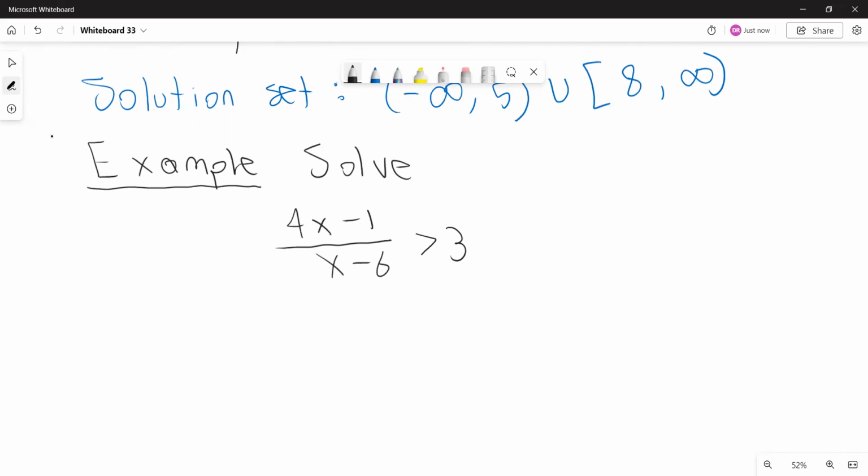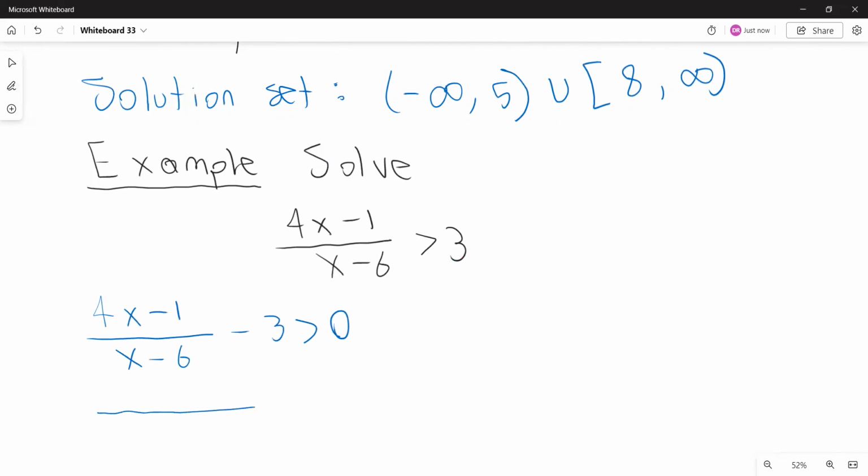We need to make one of the sides equal to 0, and write a single rational expression on the other side. Okay, the least common denominator is x minus 6.